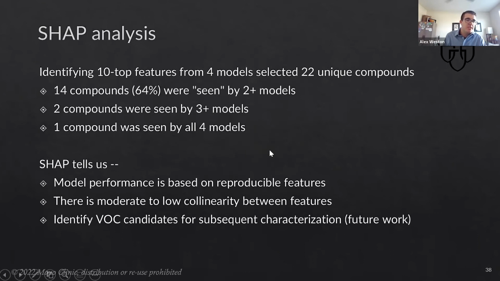What this suggests to us from the SHAP analysis is that the model performance is based on reproducible features, and there's moderate collinearity between these features. Hopefully this gives us the next step, which is identifying the identity of these molecular features or these VOCs for subsequent characterization.